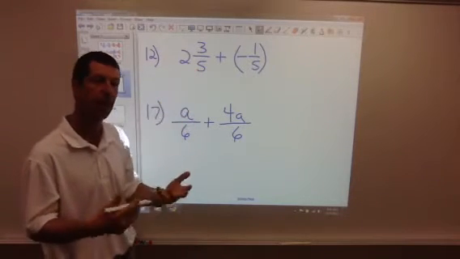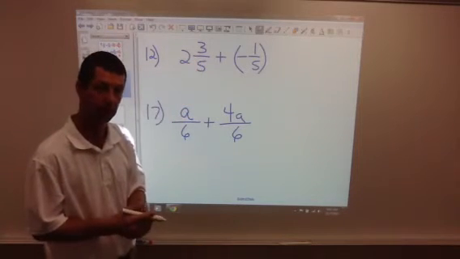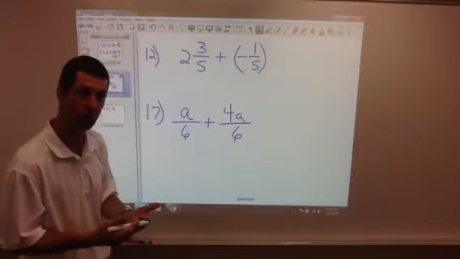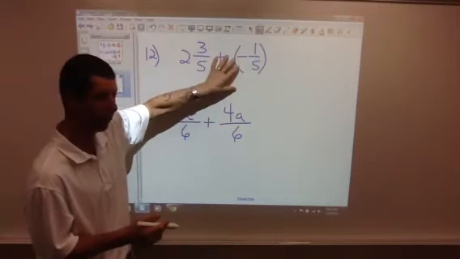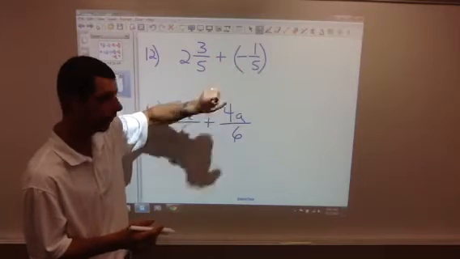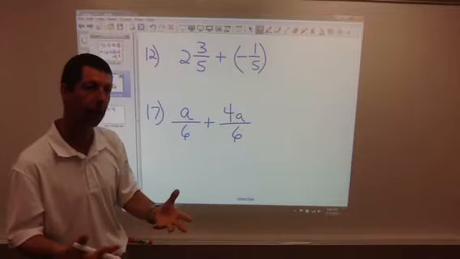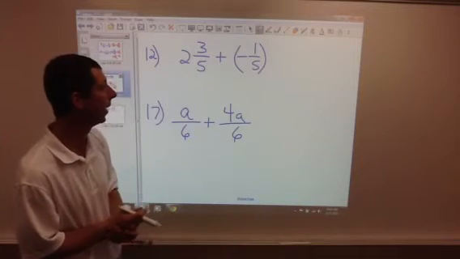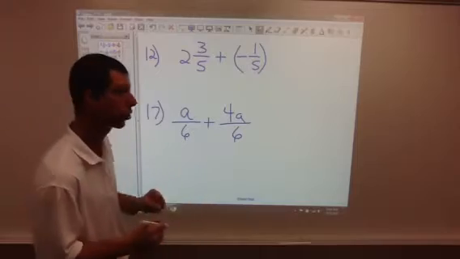When we say put the sign of the number furthest from 0, 2 3/5 is positive, and that's further from 0 on a number line than negative 1/5. So I have to subtract these, and my answer is going to be positive.